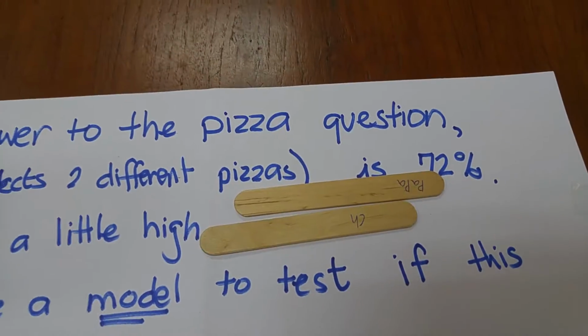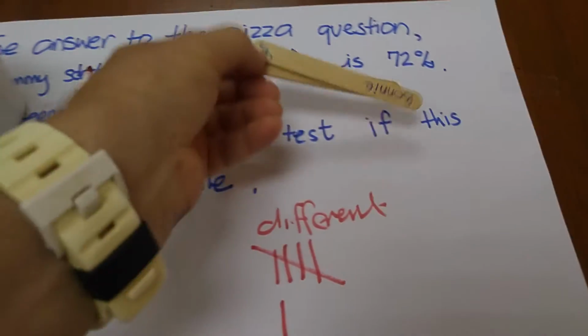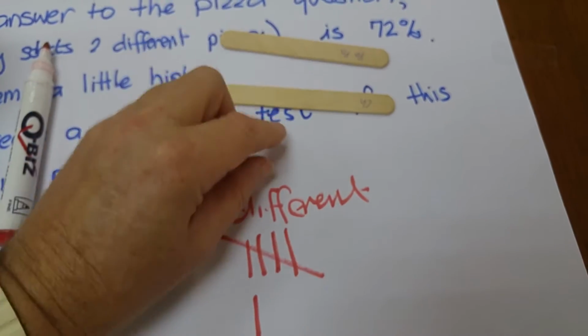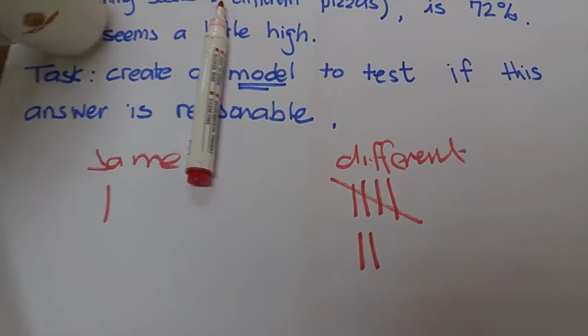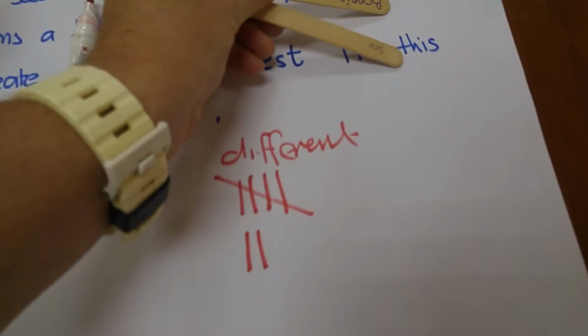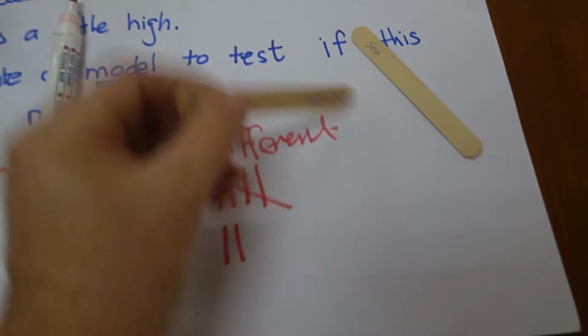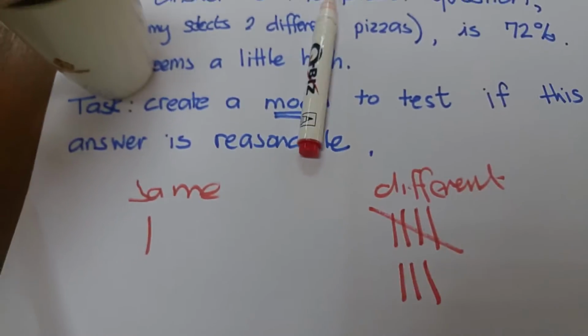Pepperoni cheese, different. So that's 6, 7, 3 more to go. Pepperoni and cheese, different again. Next two, seafood and cheese, different again. So we've got 8 there as well.